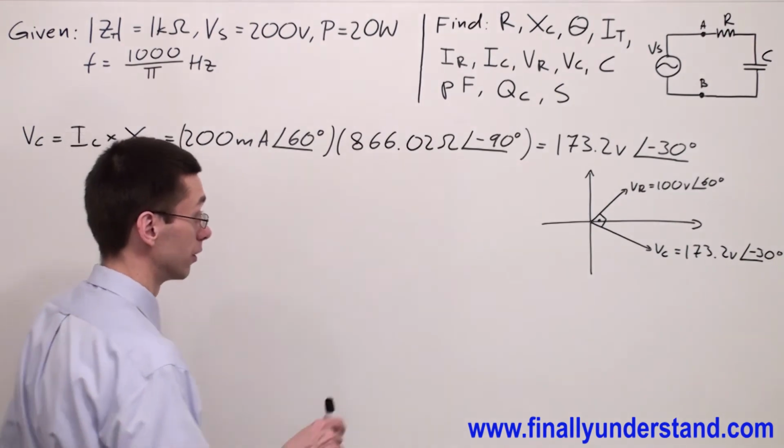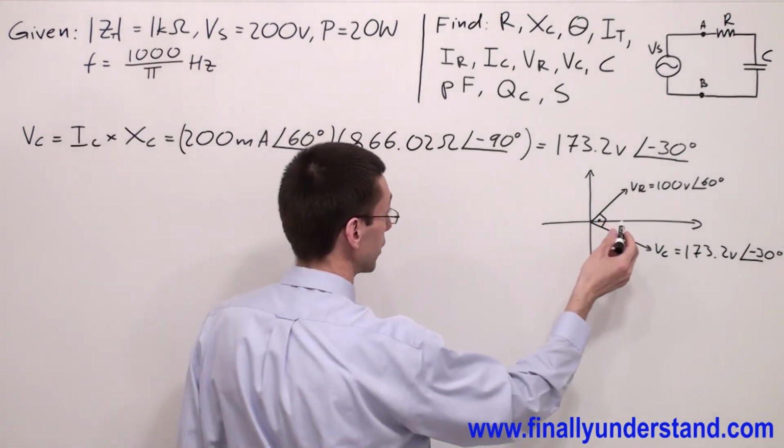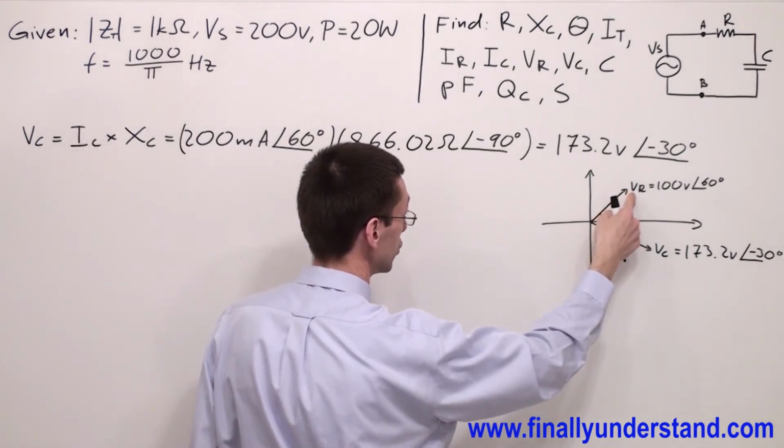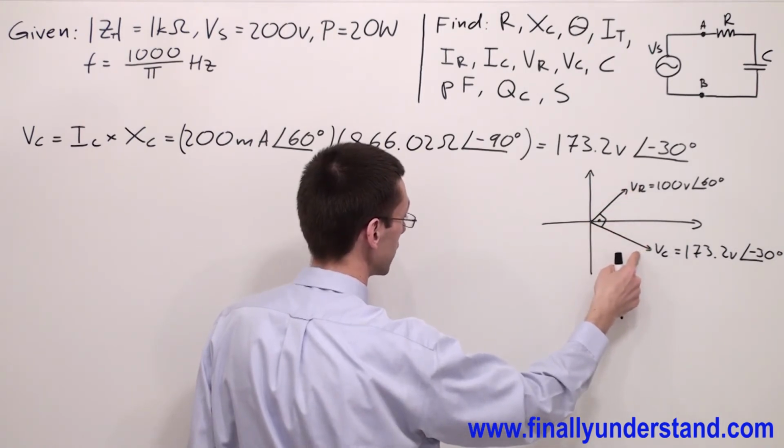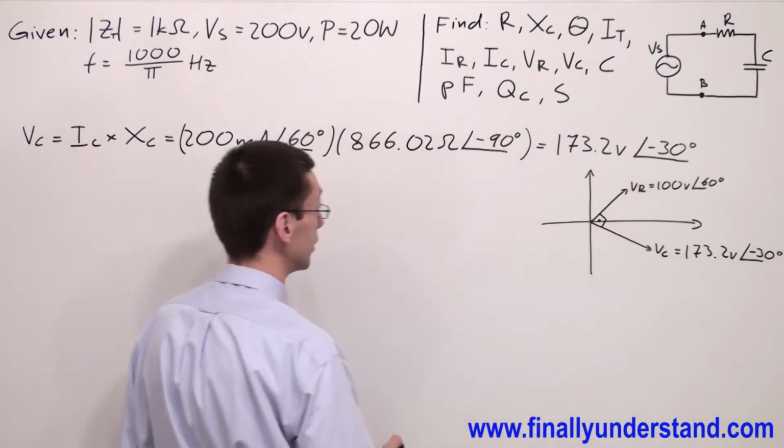So everything looks good so far because voltage across the resistor is leading the voltage across the capacitor by 90 degrees.